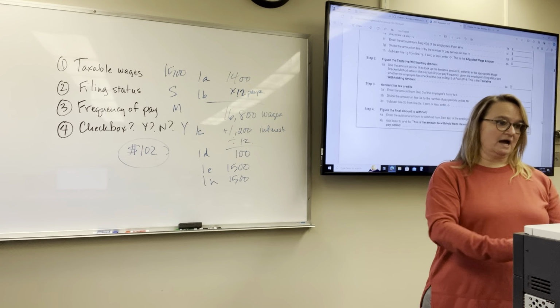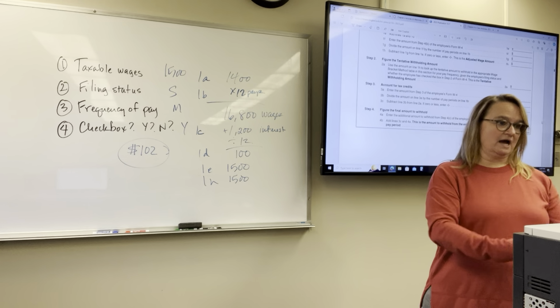So enter the amount from step 3 of the employee's W-4. So let's just say that we did have, I'm going to erase these for the sake of space. We had in step 3, and I'll pull up the W-4 form to remind you what it looks like.